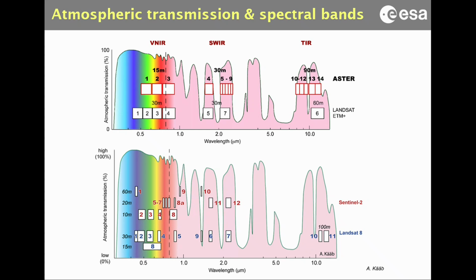So the method to map glaciers is largely exchangeable because the so-called atmospheric windows, where the atmospheric transmission is sufficiently high, allow us to see the Earth's surface. And so all designers of sensors have to adhere to this.